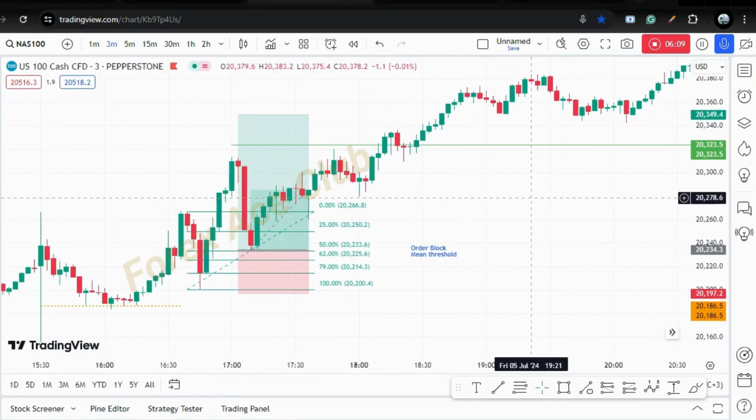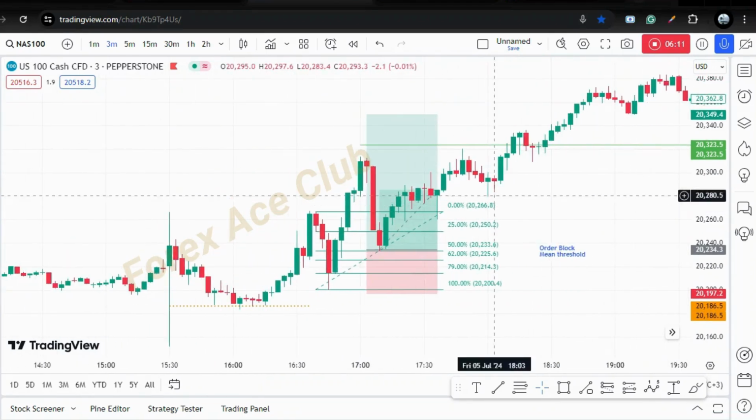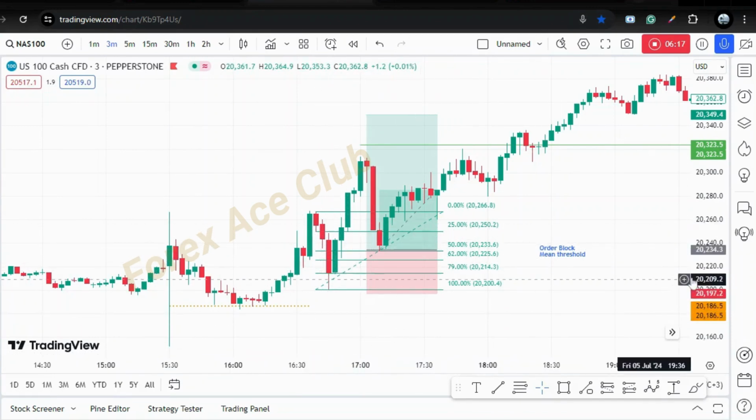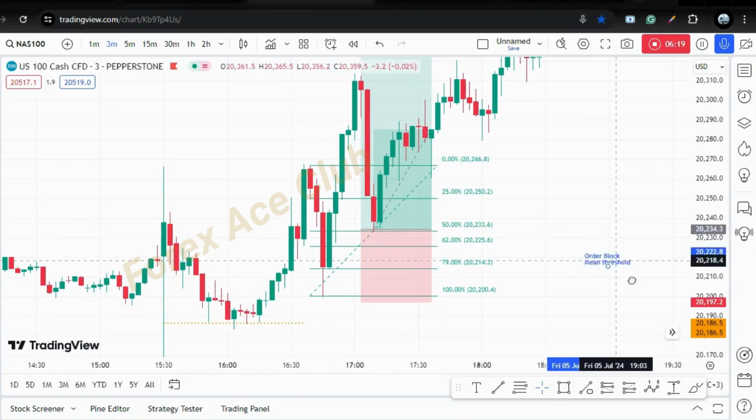So what concepts did I apply here? I applied midpoint of the week, bullish order block, mean threshold. Let me name the mean threshold.